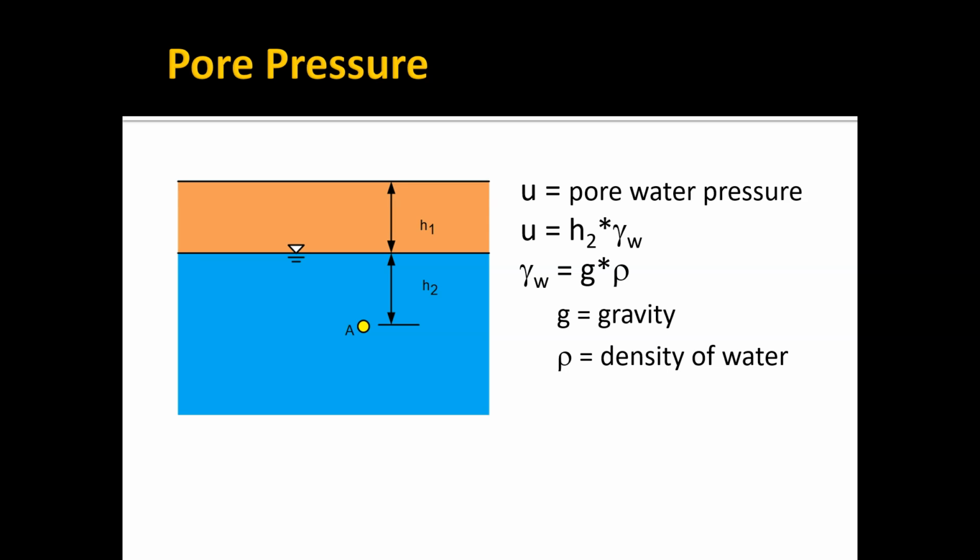I have a diagram here showing a saturated section of soil shown in blue. And above that we have an unsaturated section. And we're going to look at point A. Let me back up a little bit.